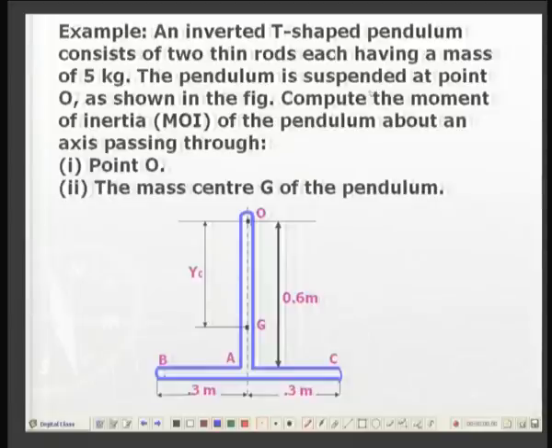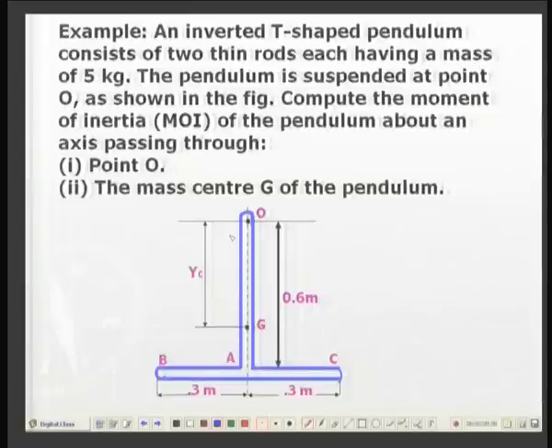Compute the moment of inertia of the pendulum about an axis passing through, first of all, point O and then point G, that is, an axis perpendicular to the screen. This T pendulum is swinging or oscillating about either O or G, so we have to find the corresponding moments of inertia.